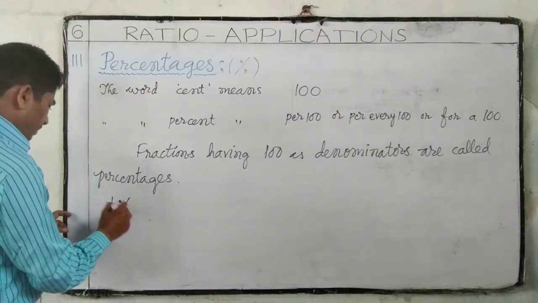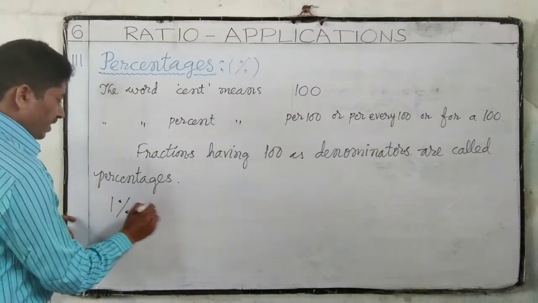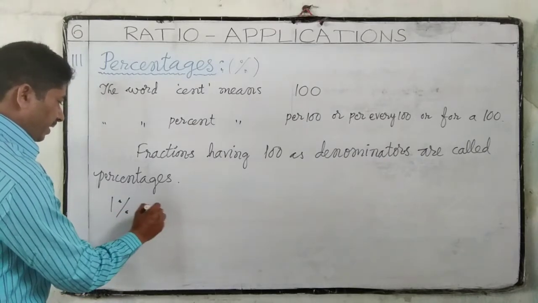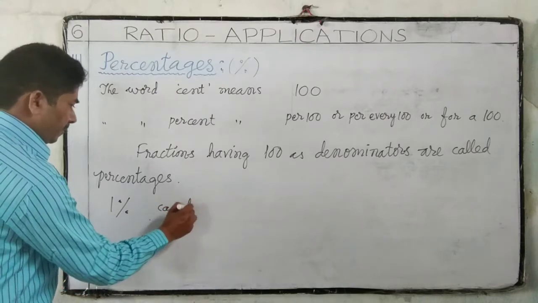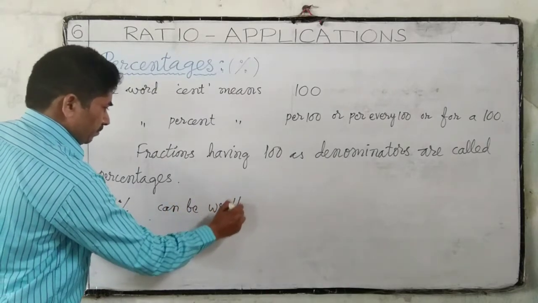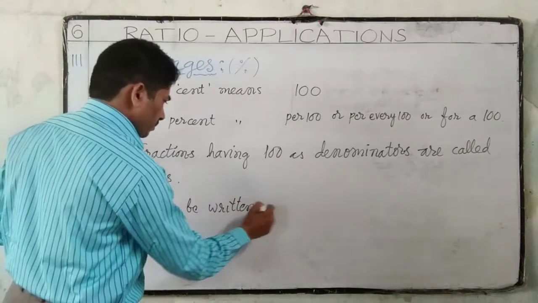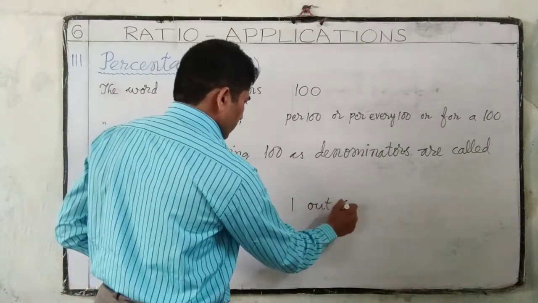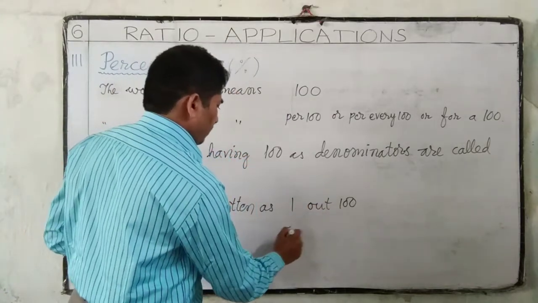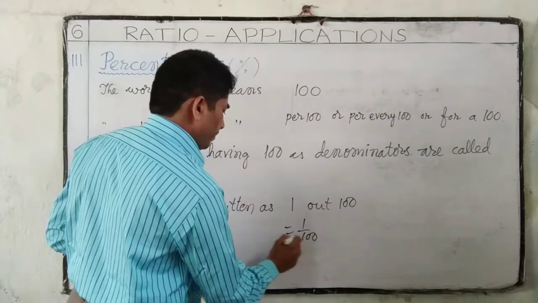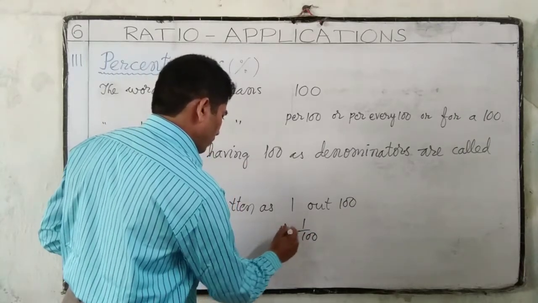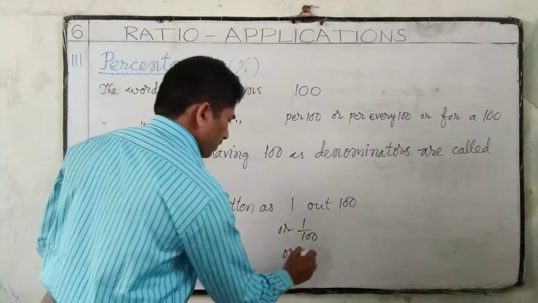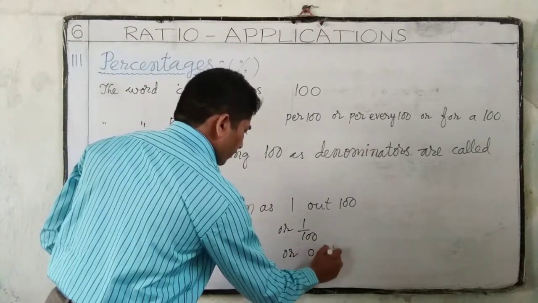One percent can also be written as 1 out of 100 or 1 by 100 or 0.01.